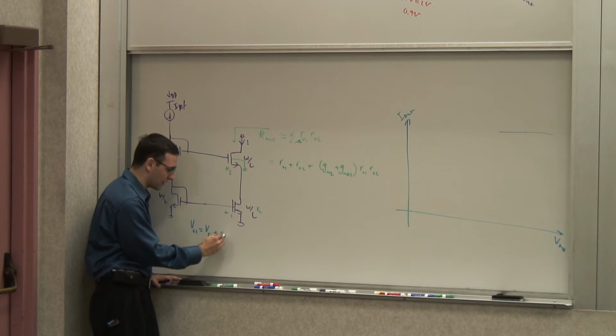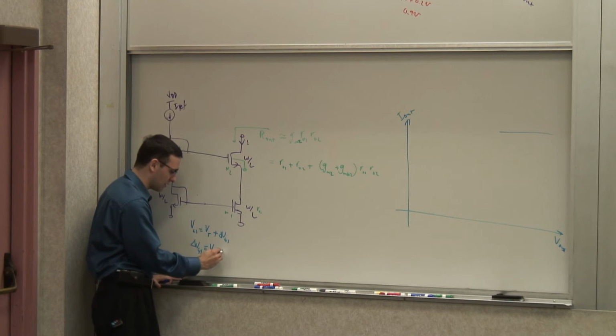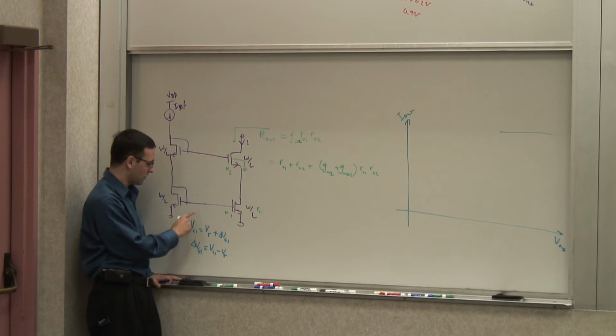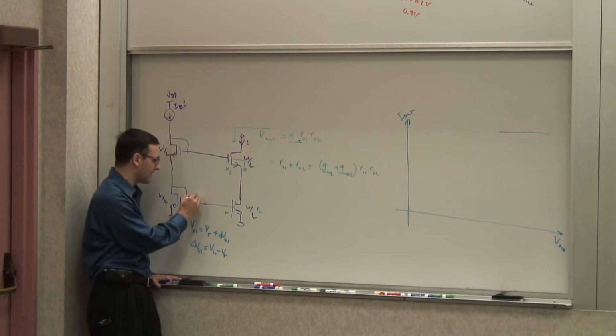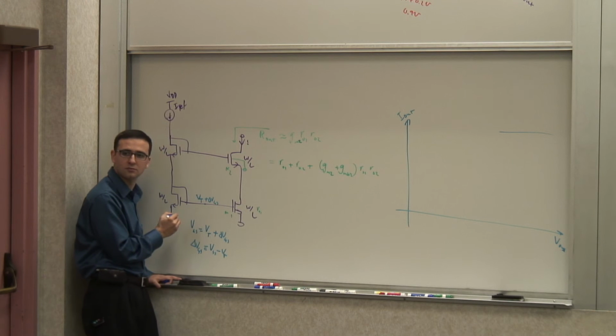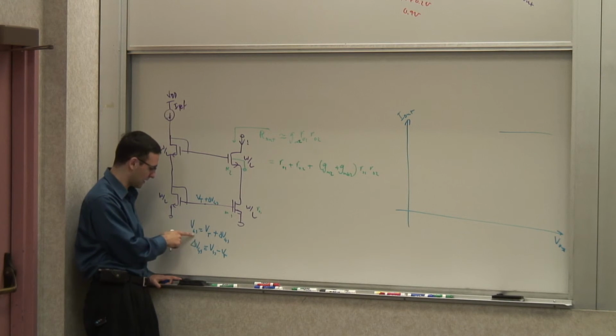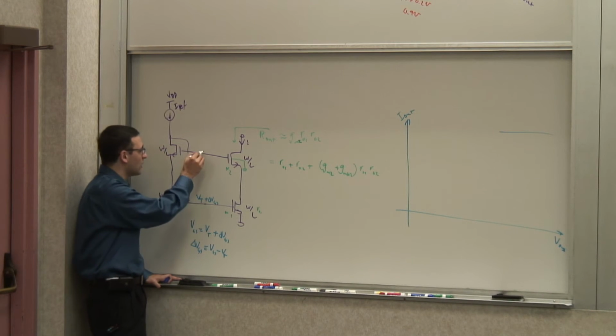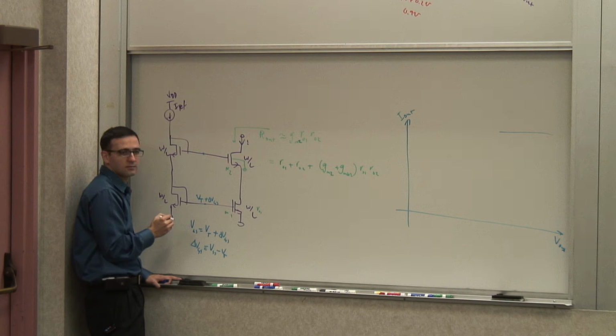Plus the gate overdrive, delta VGS, which by definition is VGS minus VT. So now instead of writing it as just VGS, which I could, I write it as VT plus delta VGS, the gate overdrive. But it's the same thing as saying it's a VGS. Okay? Now, if that's the case, what is the voltage here with respect to ground?